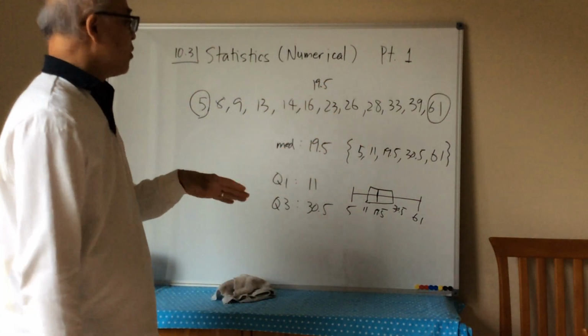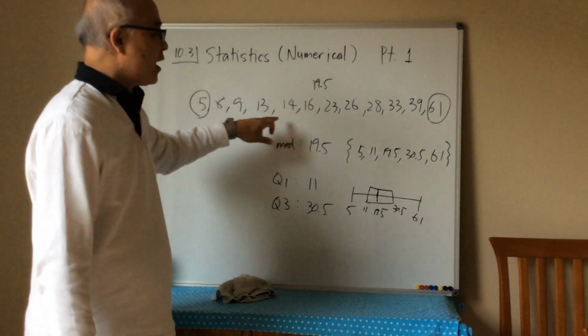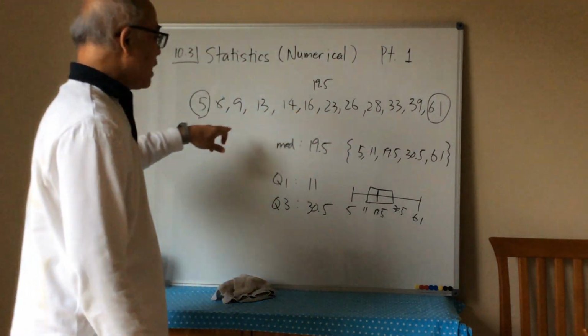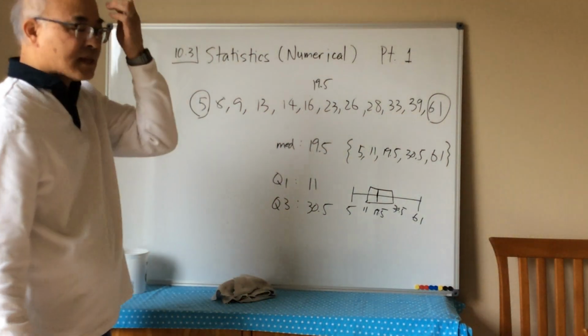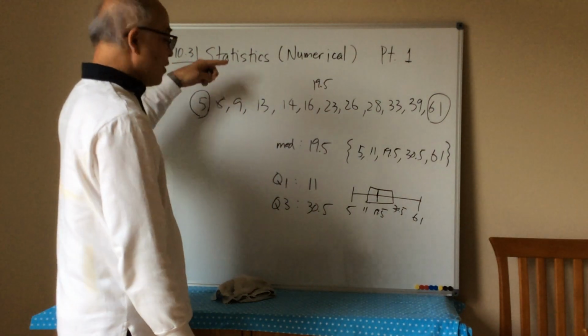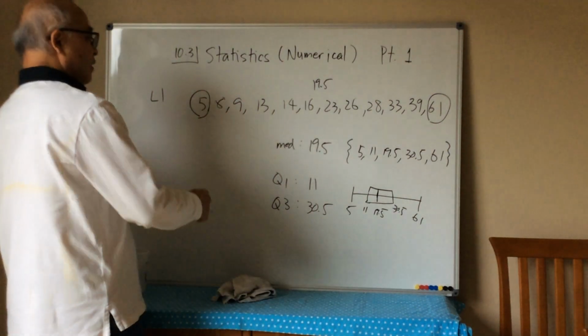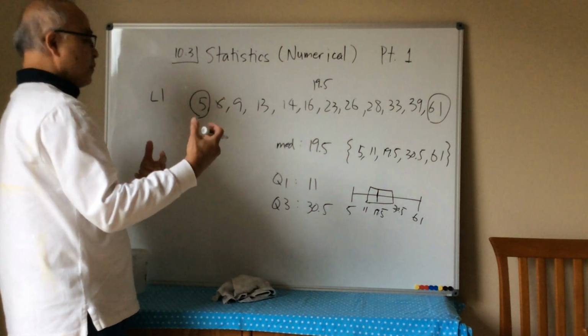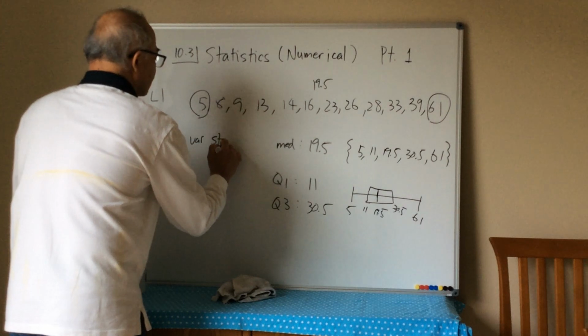You would take these numbers and populate your L1. How do you populate your L1? You go to Stat, Edit, and then populate your L1, and then you do Stat, Calc, and then a 1-Var Stats.